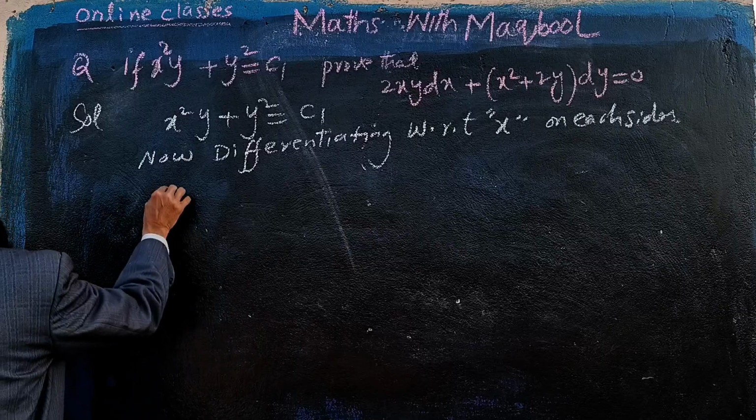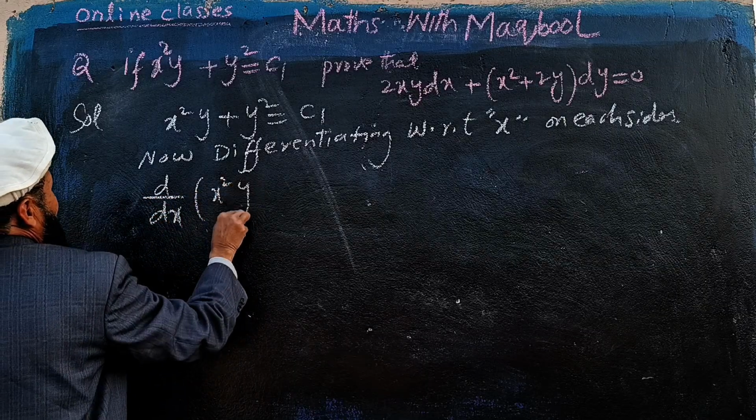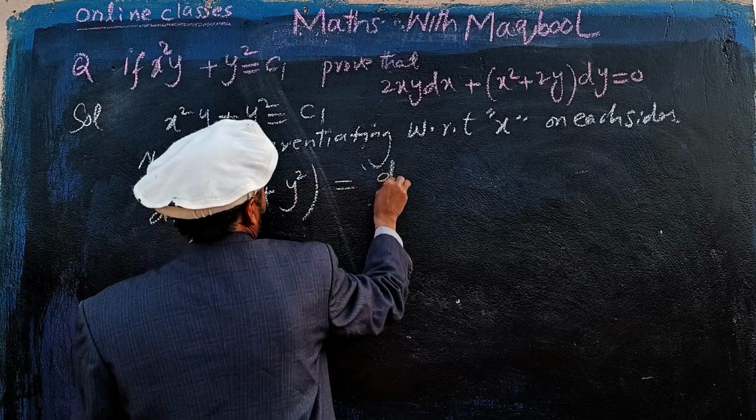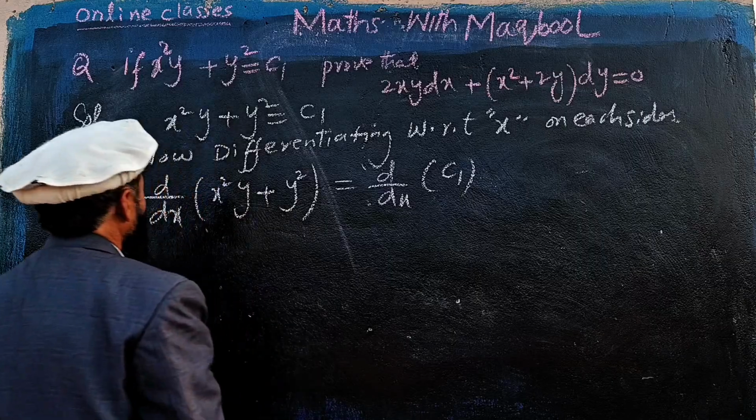So d by dx of x square y plus y square is equal to d by dx of c1.